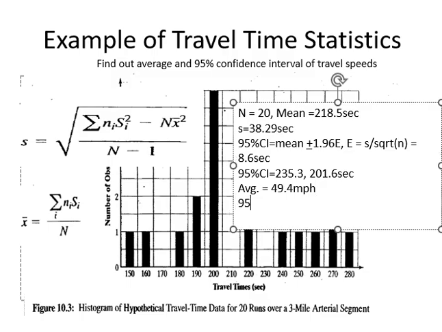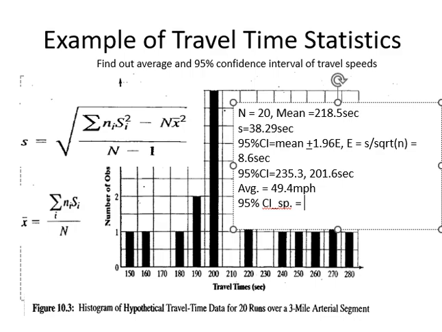Okay, now the 95% confidence interval of speed. Anyone having any problems? We are using this distance and these times. This one is used for the average, and these two values will be used for the 95% confidence interval. Clear?